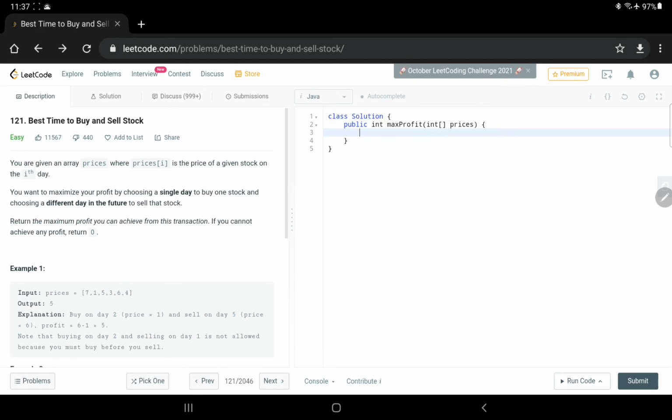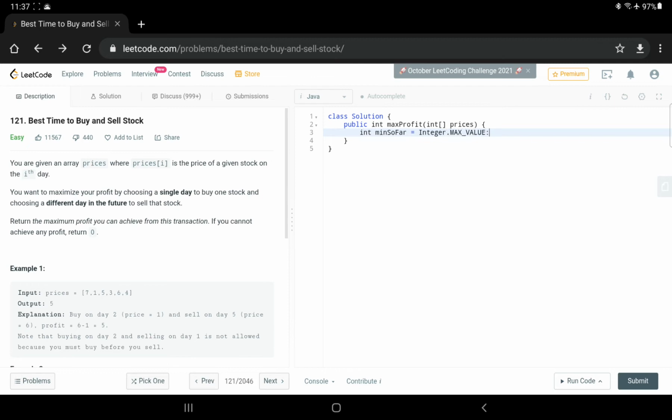Okay, so we are now beginning to code this. This is the so far pattern. If it's the so far pattern, how are we going to name the variable? So far. So let's call them, we track two variables, the min so far and the max profit so far. Min so far is, let's give it a max value. This is another pattern. We give something max value in order to initialize it.